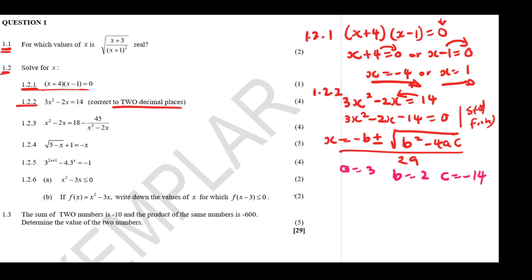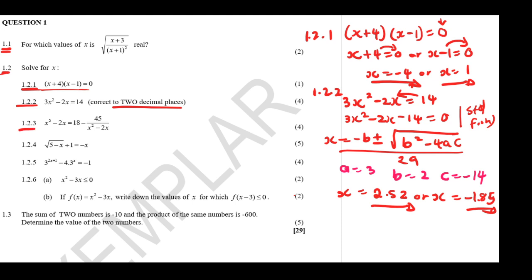Please substitute in this quadratic formula. You should get your solutions to be x equals 2.52 or x equals minus 1.85, right? Let me know in the comment section which values you got here. So these are the solutions of x for 1.2.2.